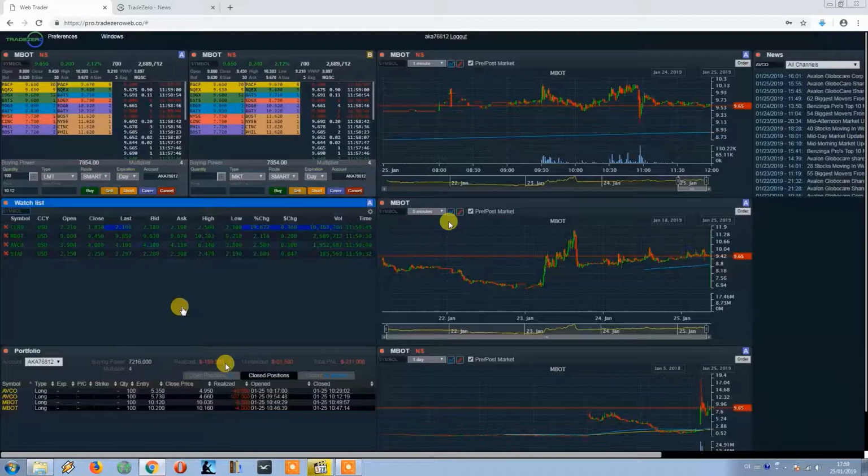If you have several monitors, you can put one set of charts here, another set of charts on another monitor, and then just keep watching several stocks at the same time, which would increase my timing.